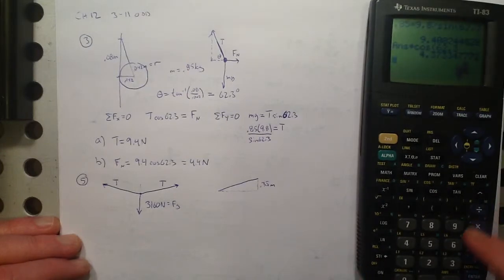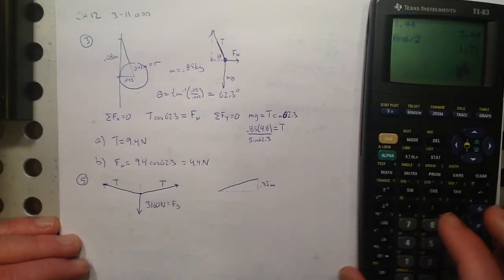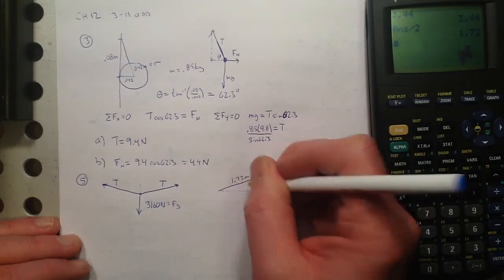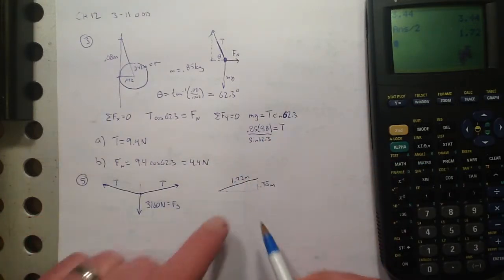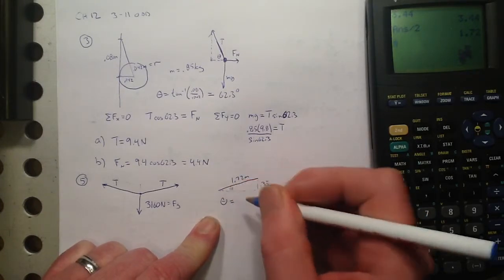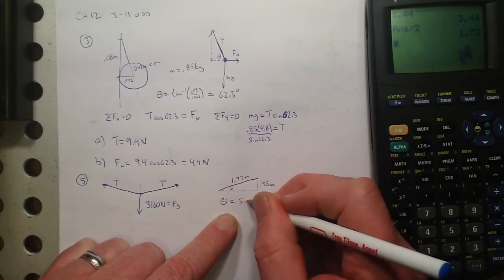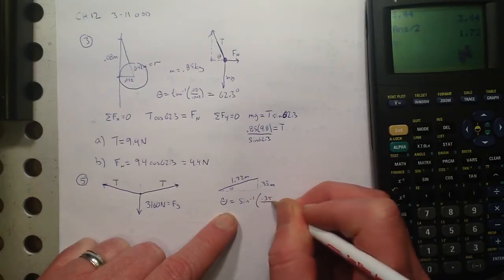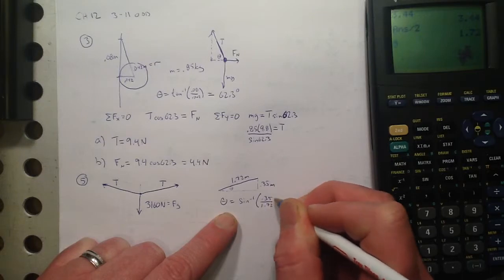So half of 3.44 meters is 1.72 meters. There's half the rope there. So let's see, I have the opposite and the hypotenuse. So theta, the angle here, would be equal to the sine inverse of 0.35 over 1.72.